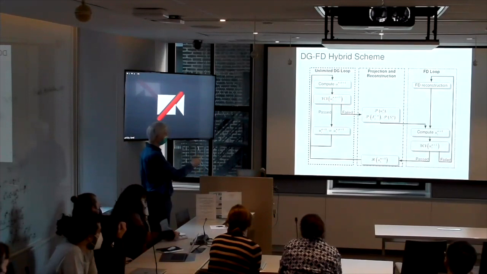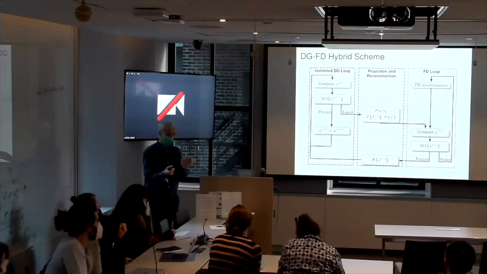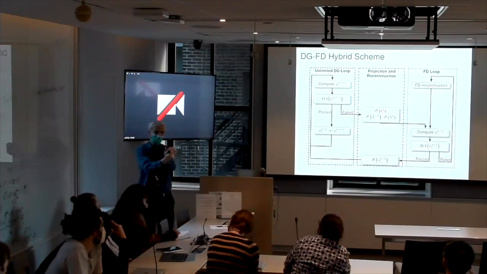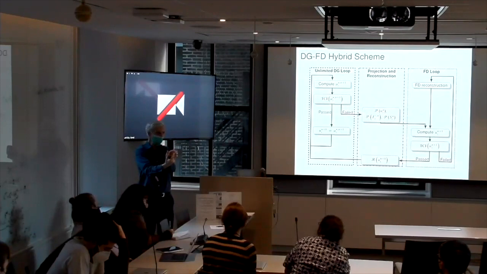repeat. However, if it fails, you then project it onto, this is now within each cell, you lay down a finite difference grid that's roughly double the resolution of the DG grid.